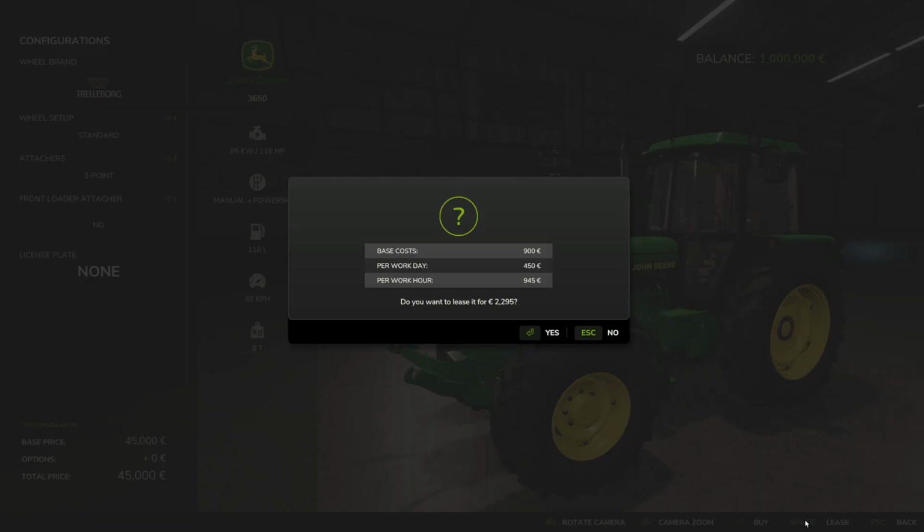So if you have a helper using it and you play with 5 times speed, then in game it would be 5 hours, because it only takes 1 real-time hour. So you don't need to take care of how fast your game is running, because the real time is counting.